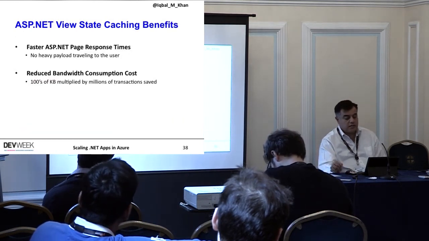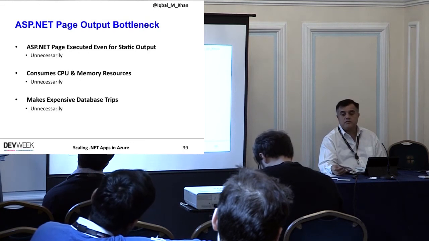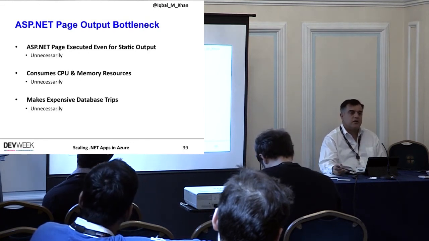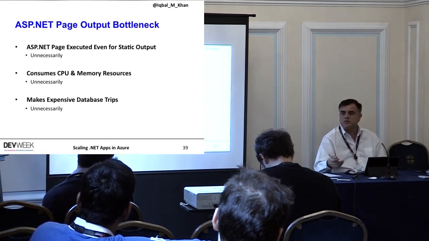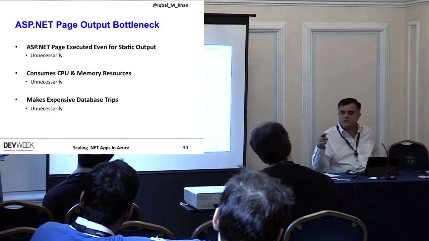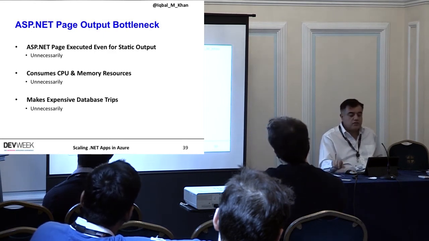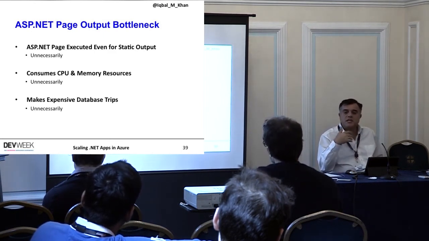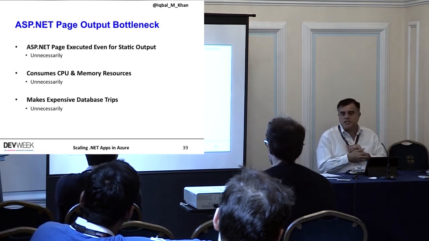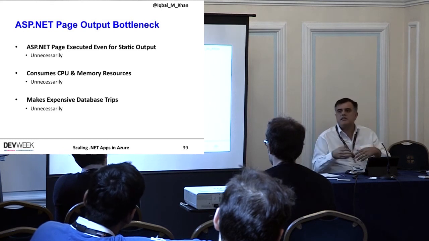Page output is another benefit. Your output may not change, but the page still gets executed. When a page gets executed, it consumes CPU, memory, makes database calls. Actually, most importantly, it makes database calls, which is the real bottleneck. So if you know that the output is not changing, not every time, let's say, unless some parameter changes, the output is not going to change. Let's say that you knew that.